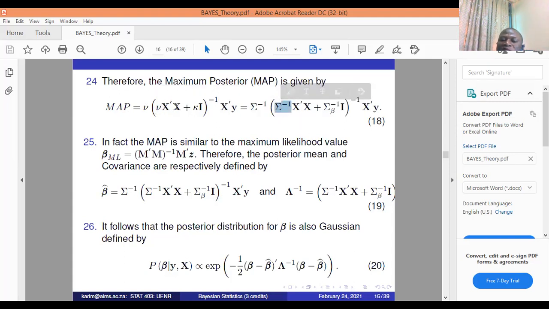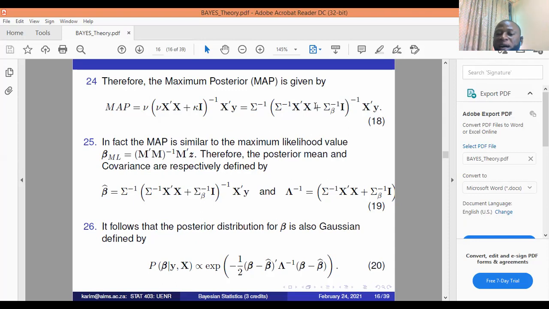Then we have our X transpose X plus our K. But remember, we said the K is the precision matrix or the variance covariance for the prior. And then we use the I to indicate that the variances are on the diagonal, there is no correlation. And then finally, we have our X transpose and then Y. Look at this. Is it not the same as what you have when we did the multiple linear regression using the ordinary least squares? They are the same.